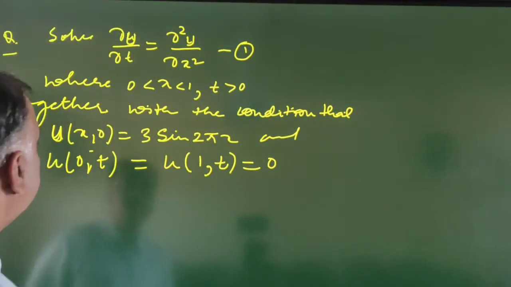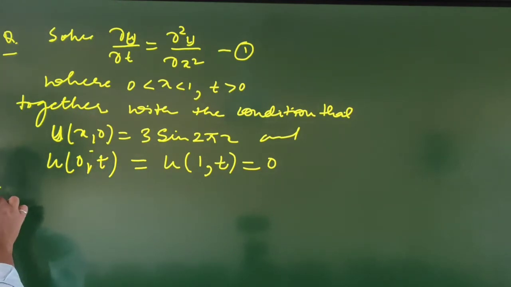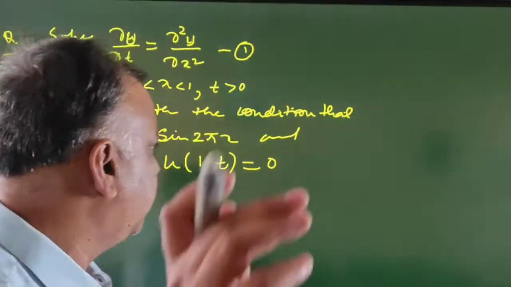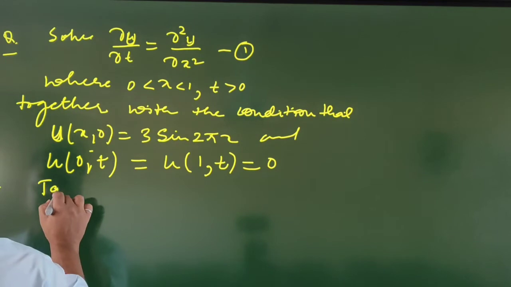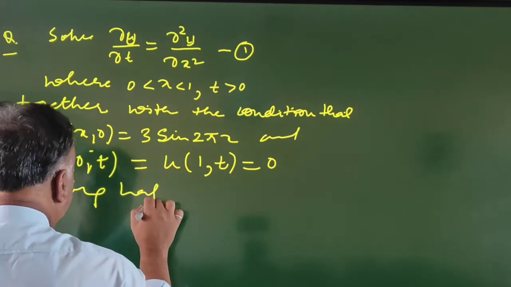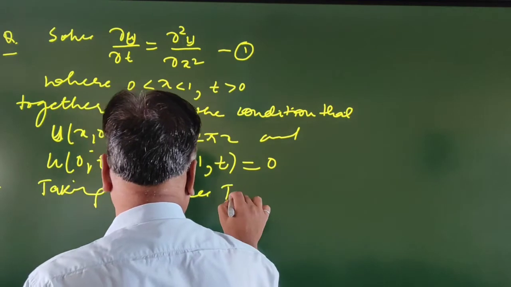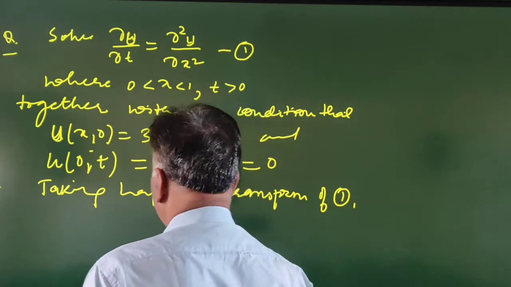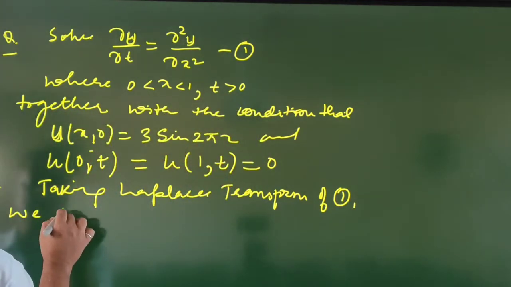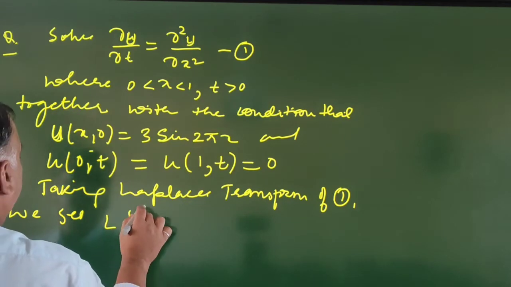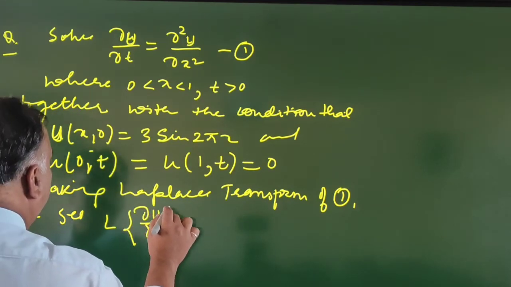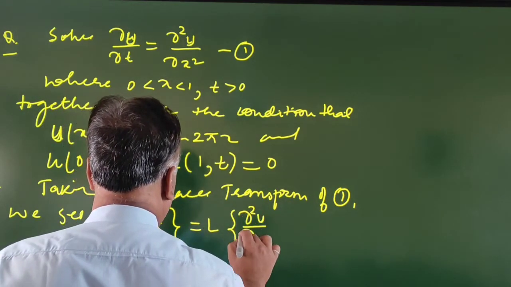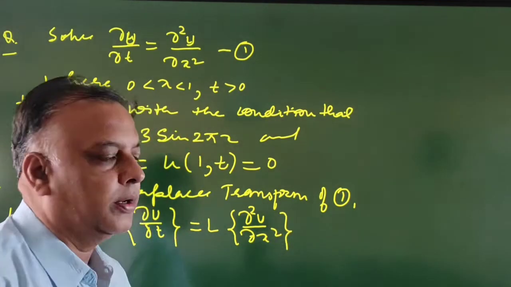Now, to solve this partial differential equation, we will take the Laplace transformation of the given differential equation. Taking the Laplace transform of equation 1, we get the Laplace transform of ∂u/∂t equals the Laplace transformation of ∂²u/∂x².